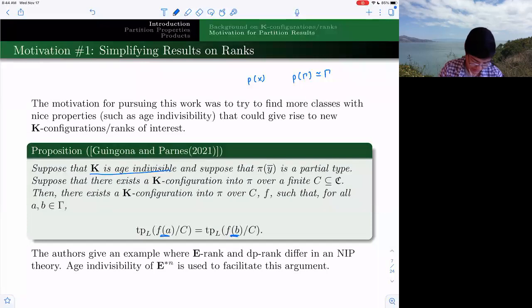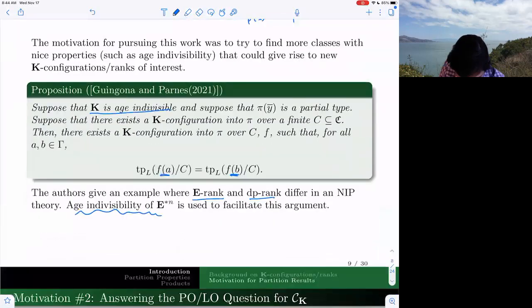So what they do is they use age indivisibility to facilitate an argument that the rank from the class of finite equivalence relations and DP rank differ in a specific NIP theory. Okay, so that's the motivation.